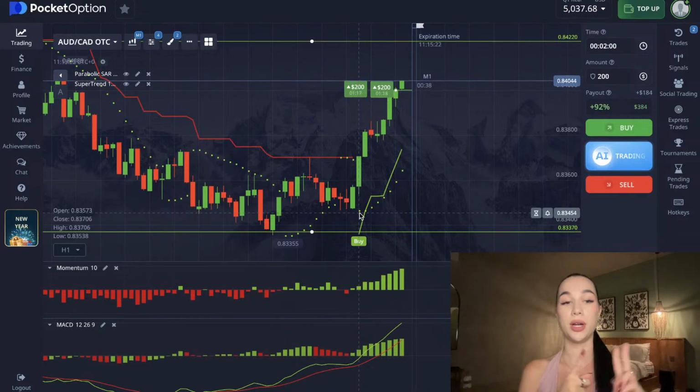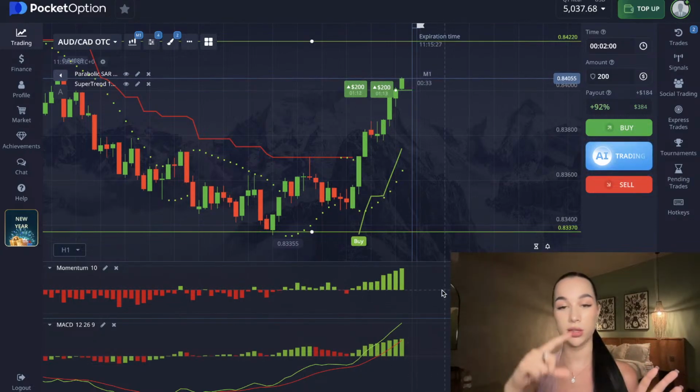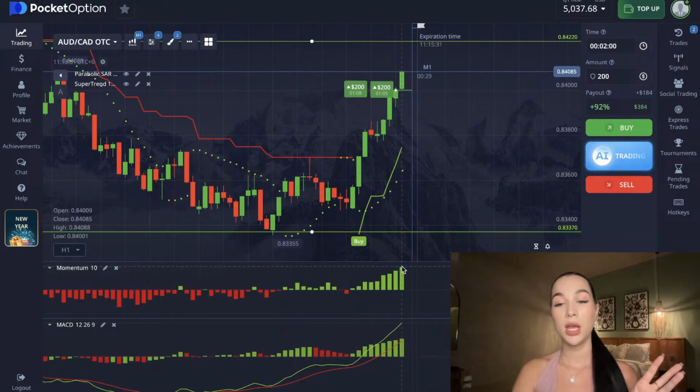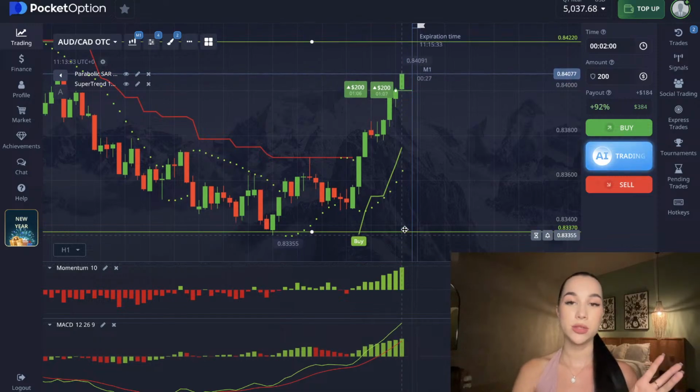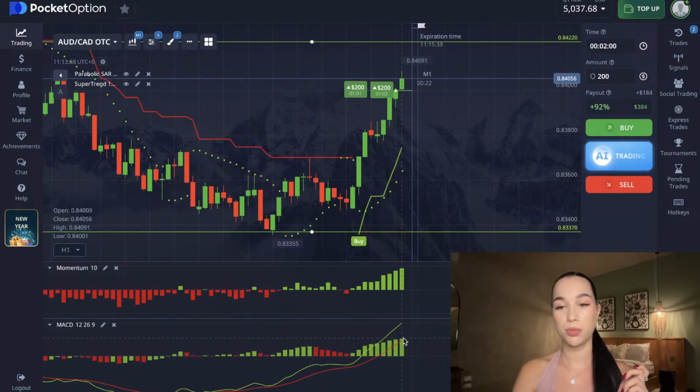So it's already the second one. Also from the momentum, we see that the last pin bars are green and pretty big already. The last one is on the level 0.69, so it's really nice. And the MACD indicator pin bars are also pretty huge.